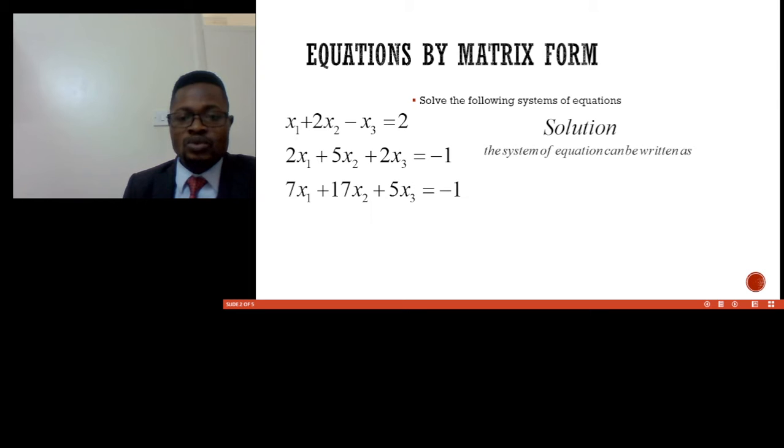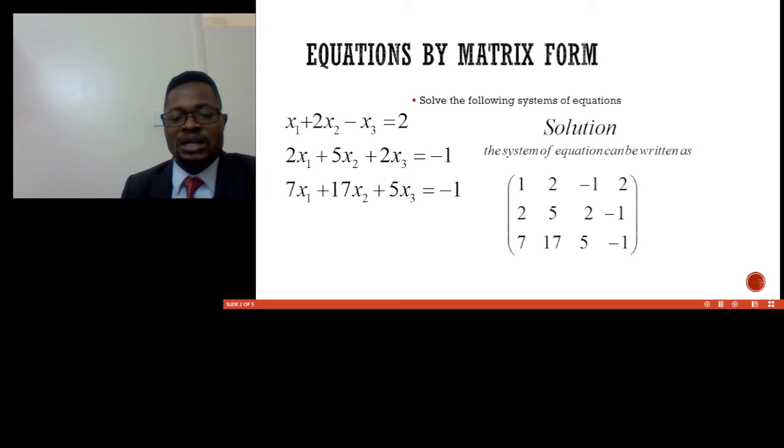The first thing to do is to write the system of equations like this. This is another way of representing our equation. The difference between the two is that the first one is just giving us a linear equation, and the second one is showing us how to solve it using matrix form. So now we represent this equation in a matrix form, an augmented matrix to be particular.